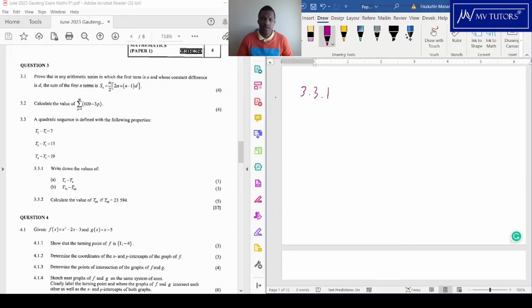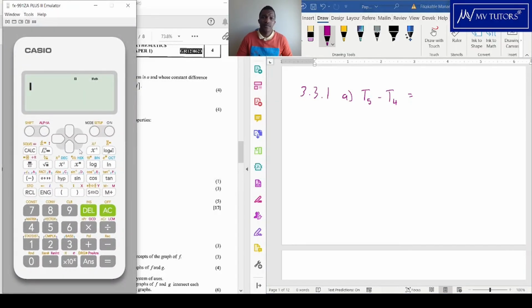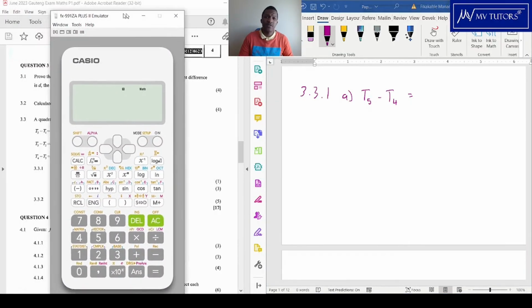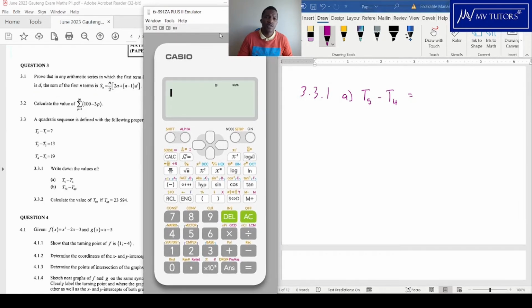Now they want, let's go for a, they want T5 minus T4. So the last one they gave us was T4 minus T3. So all we're going to do here is, if this is our series, 9, 13, 19, remember the difference is just T2 minus T1.